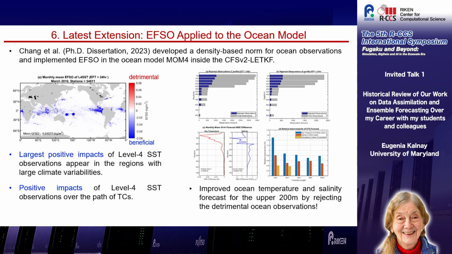She found that the largest positive impacts of L4 SST observations appear in the regions with the largest climate variabilities and also in the regions of tropical cyclones. She showed we get improved ocean temperature and salinity forecasts for the upper 200 meters by rejecting the detrimental ocean observations.